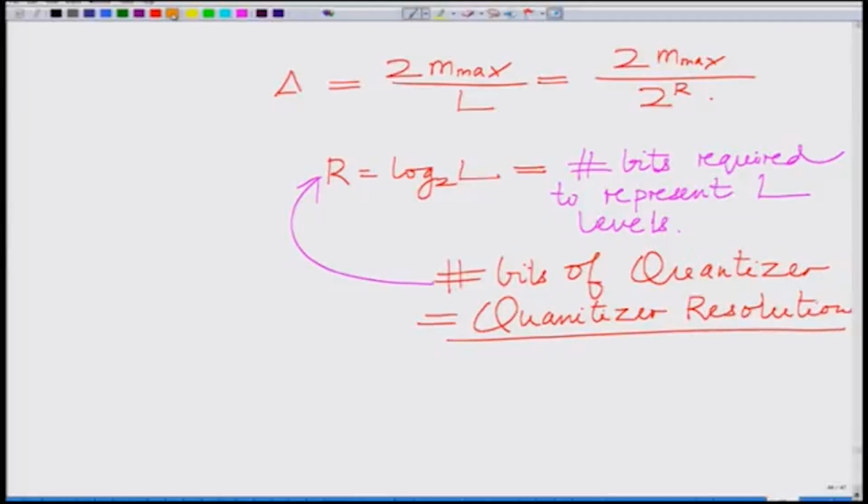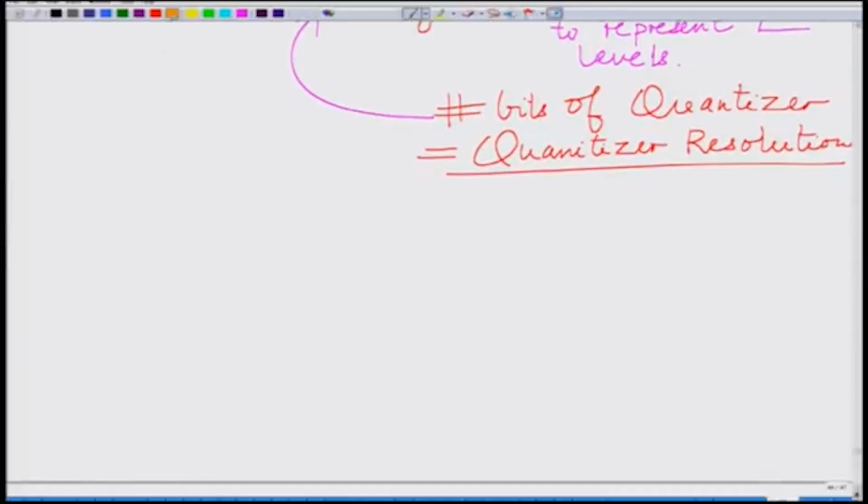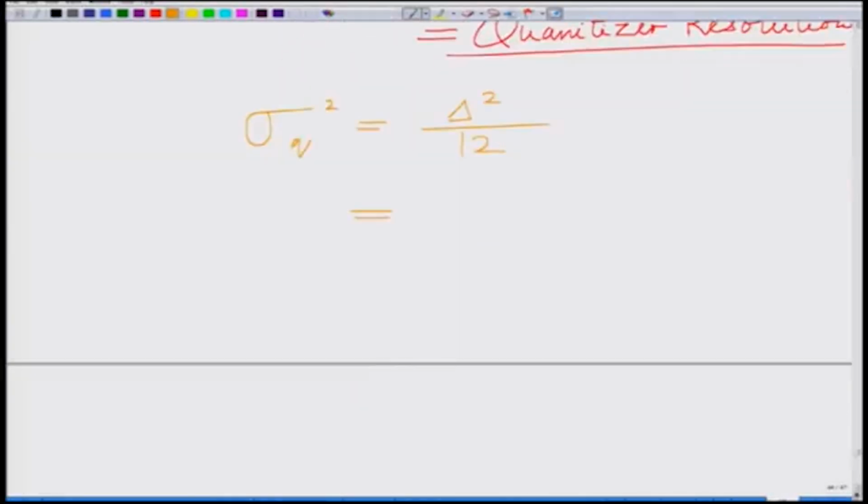Now, we also know that sigma q square, the quantization error variance, equals delta square by 12. But we have delta equals 2 m max by 2 to the power of r.